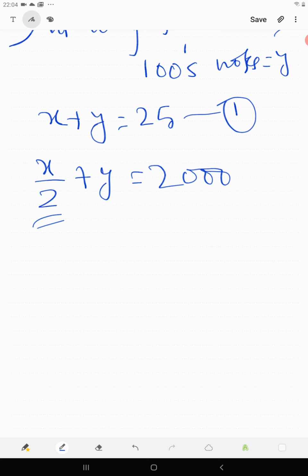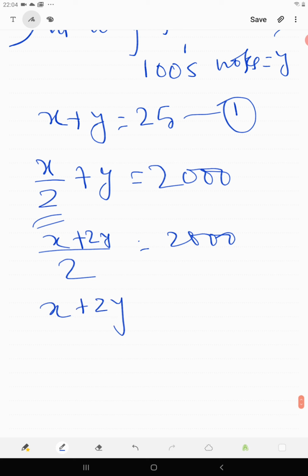So x by 2 plus y gives me 2000. Now the second equation we are going to solve. LCM is 2, so x plus 2y equals 2000 into 2, which gives me 4000. This is equation 2.